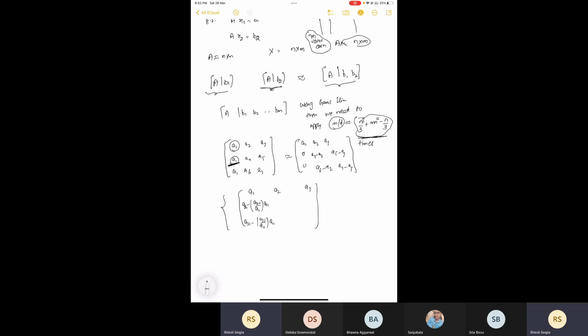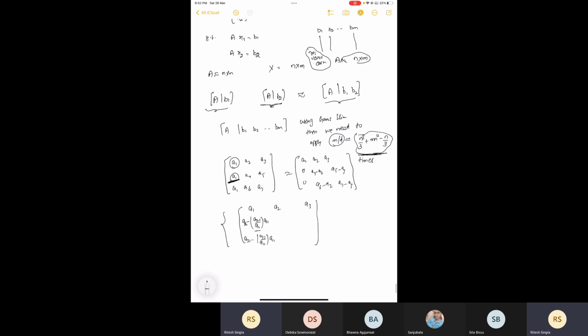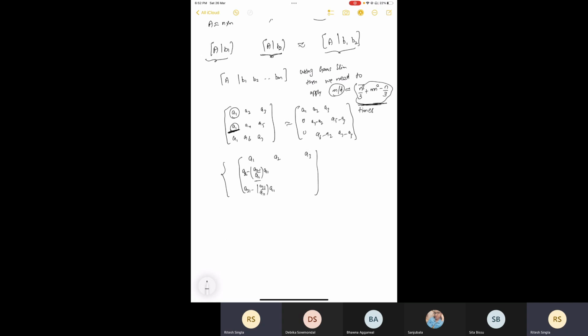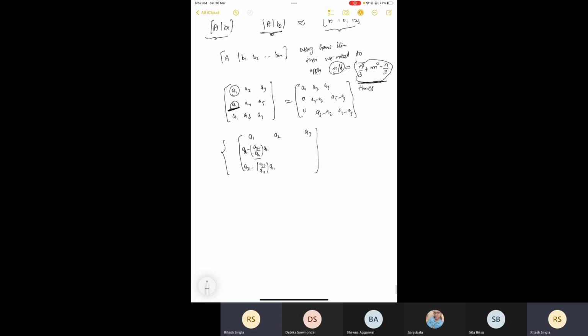Although in some matrices we might not need to do this multiplication, this formula works in this manner, doing multiplication at each step.